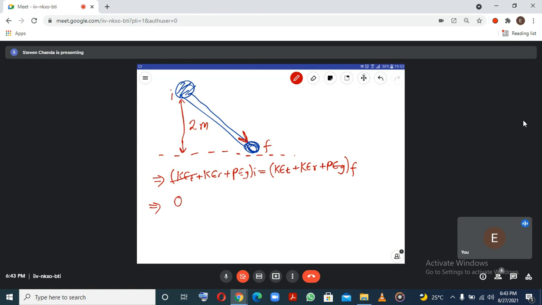Now this ball is not even rotating at the top, and you can only have rotational kinetic energy when you've got angular velocity, right? So zero as well. Do we have gravitational potential energy initially? Yes. This object has been raised above the surface, so yes, we have gravitational potential energy initially.